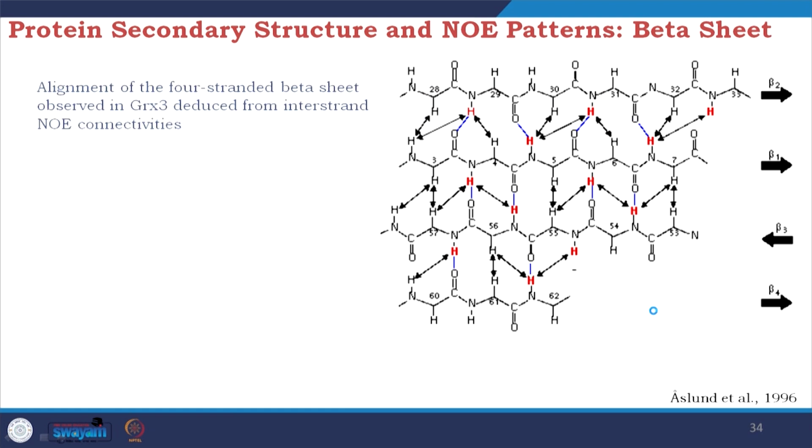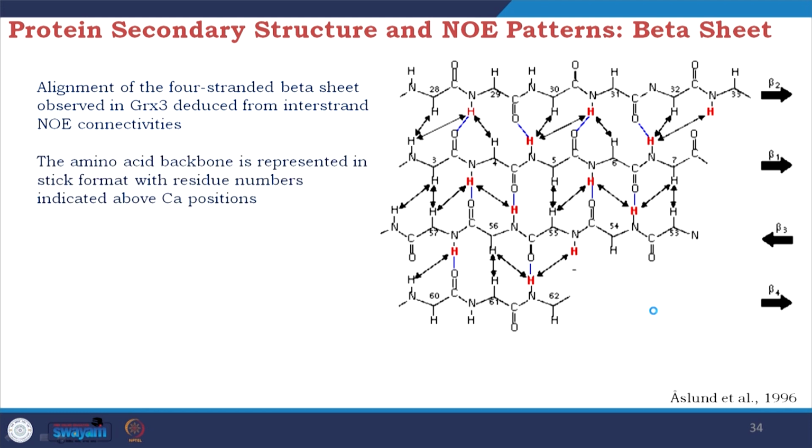So, this is the structure of the beta sheet. It is the alignment of the 4 stranded beta sheet observed in GRX3 deduced from interstrand NOE connectivities. The amino acid backbone is represented in stick format with residue numbers indicated above the C alpha position. You will see the numbers.